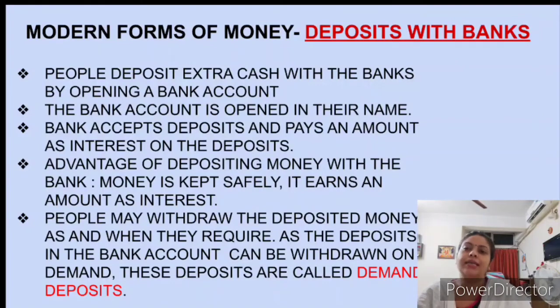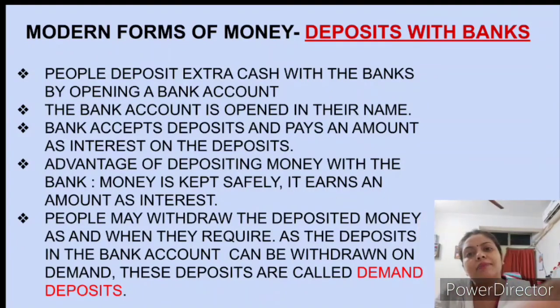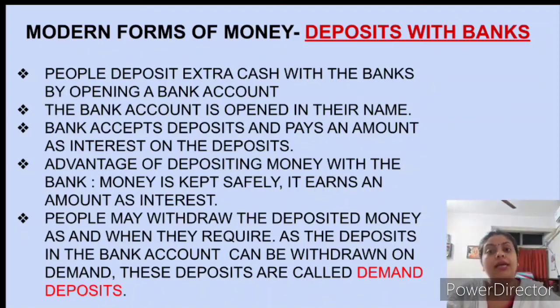That is why the money you deposit in the bank is called a demand deposit. Now this is important: deposits with the bank are known as demand deposits. This is the second form of money.